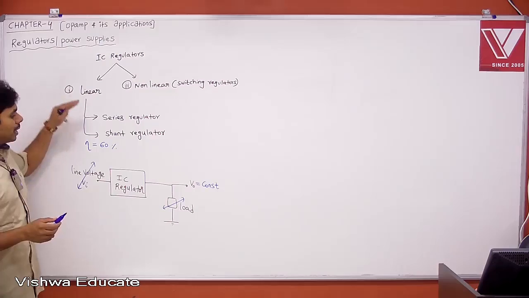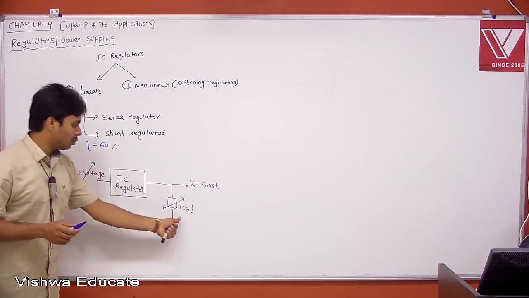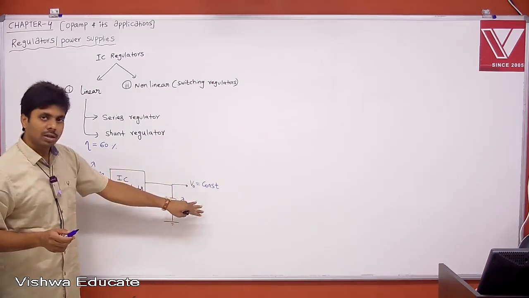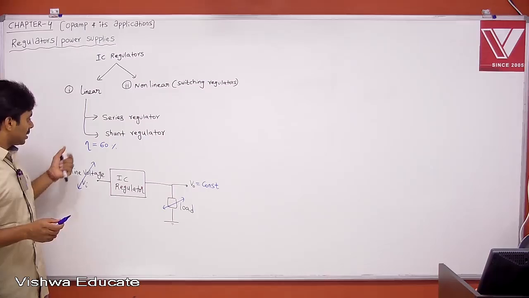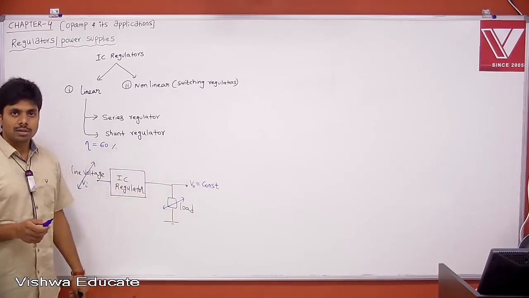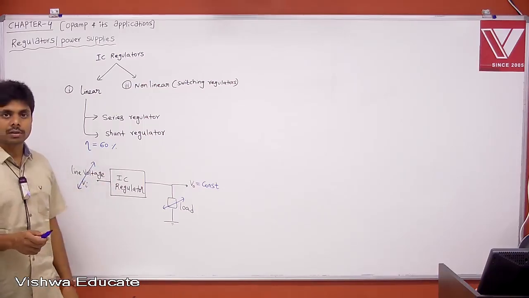To get a constant output voltage irrespective of line voltage variation and load variation, if 100% is the input power, only 60% is delivered to the load in the process of making V0 constant. The remaining 40% will be lost in the regulator.